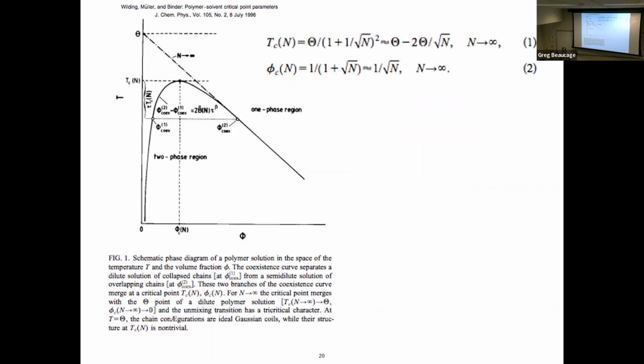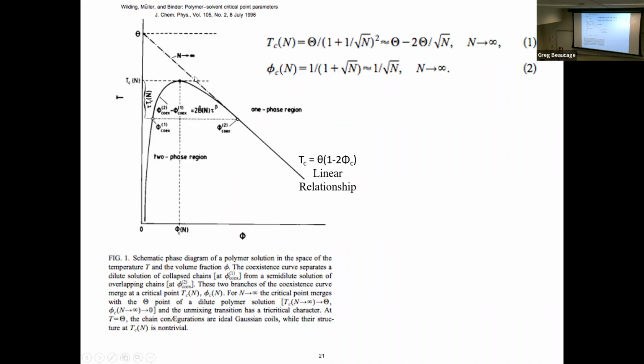If you solve for the critical temperature and critical composition, they both depend on 1 over the square root of the molecular weight of the polymer. That means you can write an equation in terms of both, and the critical temperature is proportional to the critical composition, as you change the molecular weight.